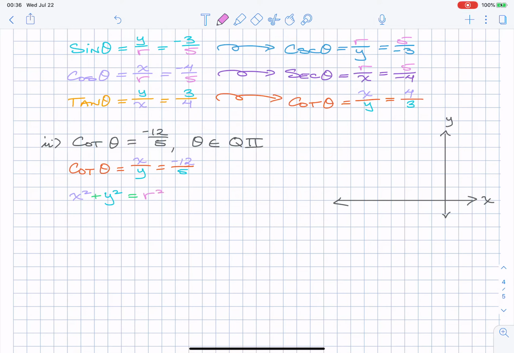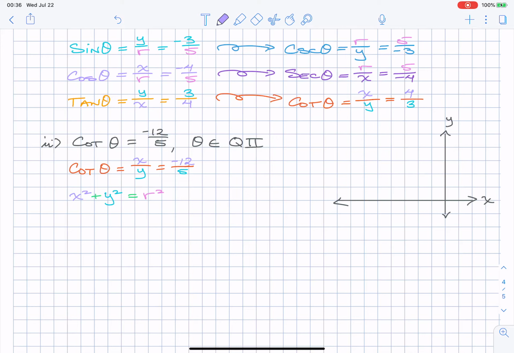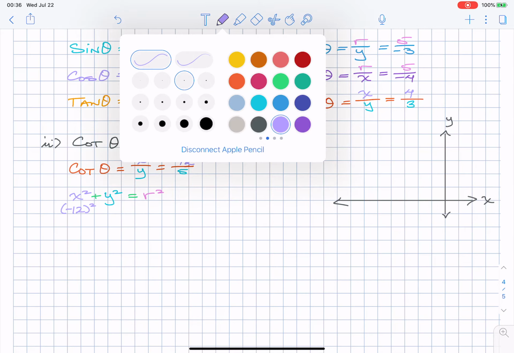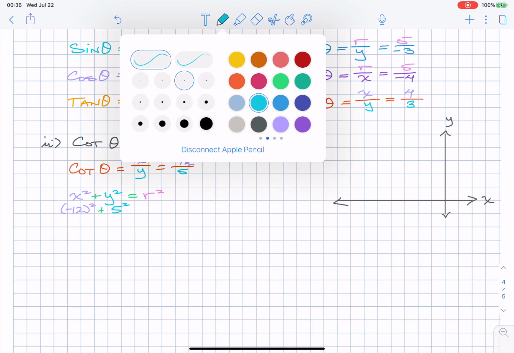And for those of you who are savvy, this should be a 5, 12, 13 Pythagorean triple, but let's see. So this is going to be quantity negative 12 squared plus 5 squared is equal to r squared.